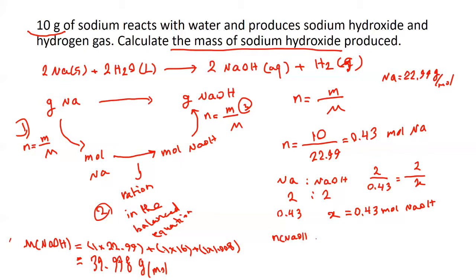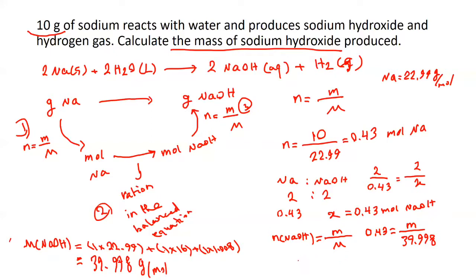So for NaOH, n is equal to its mass over M. I know the number of moles is 0.43, its mass is what I want to find, and its molar mass is 39.998.